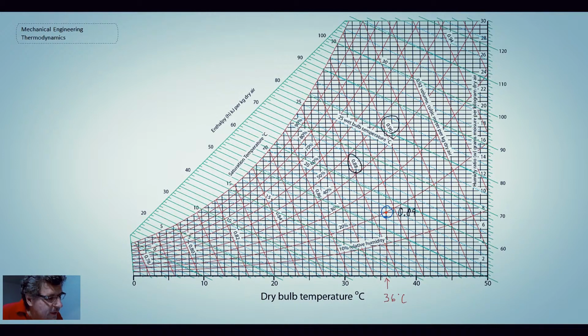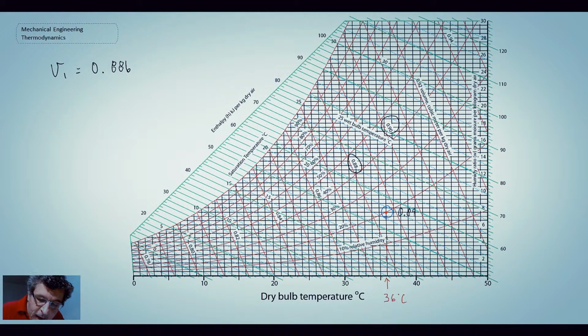So we're probably somewhere around 0.885, 0.886. So I'll say V1 is 0.886.